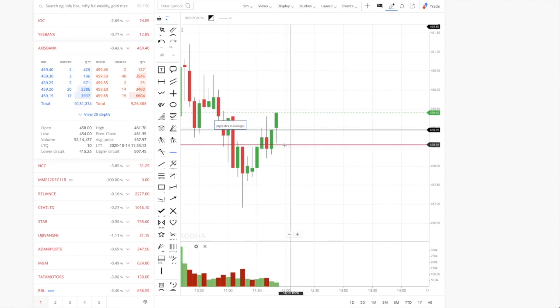I'm keeping my stop loss over here to protect myself from the losses. Why? Because if the price drops below this point, then I understand my view goes wrong.